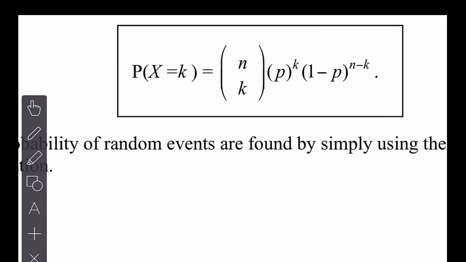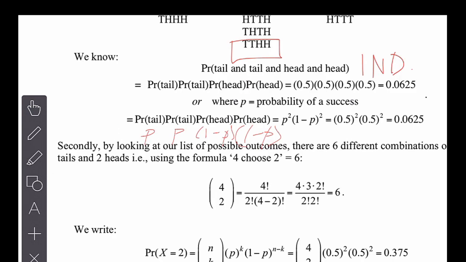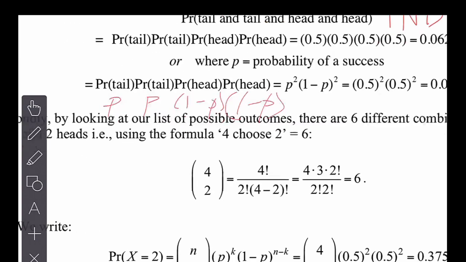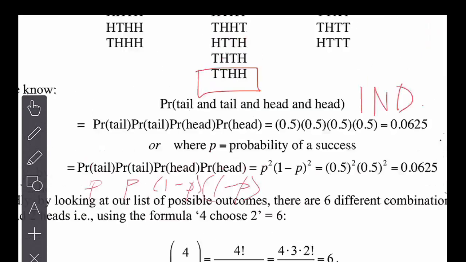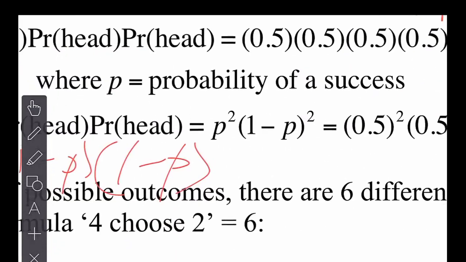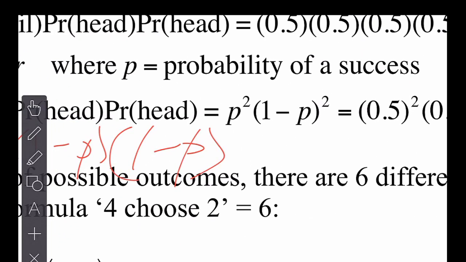So let's go back to that. That's what's happening here. It was 2 successes. So if there's 2 successes and there's 4 total tries, that means there's 2 failures.